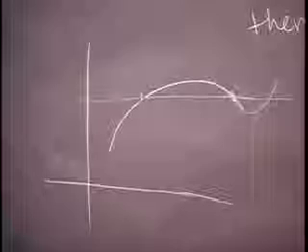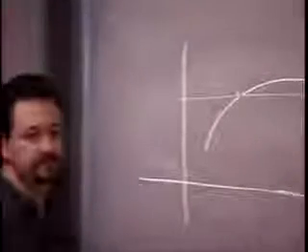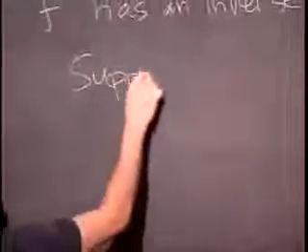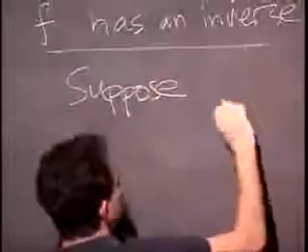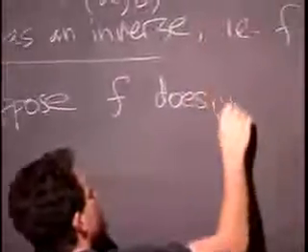Okay, so how do we prove that this is true? I'm going to use Rolle's theorem, and I'm going to argue by contradiction. Here's the justification of that statement. Suppose f does not have an inverse, or does not satisfy the horizontal line test.